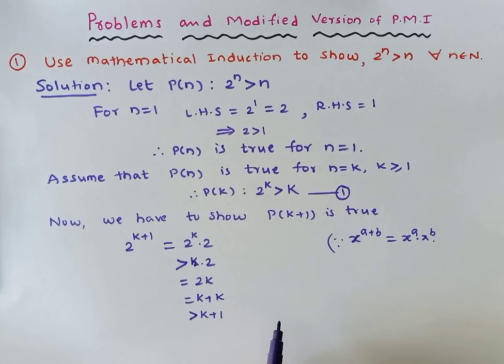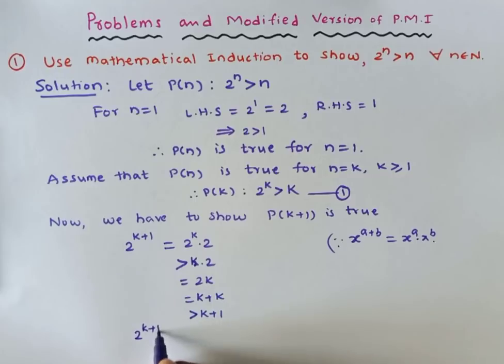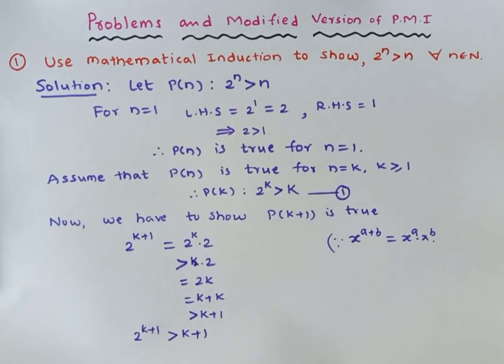So this statement is valid for every value of k which is more than 1. So finally here we can conclude that 2 to the power of k plus 1 is greater than k plus 1. Therefore, P of n is true for n equals k plus 1.